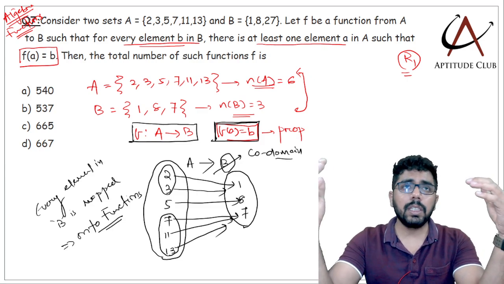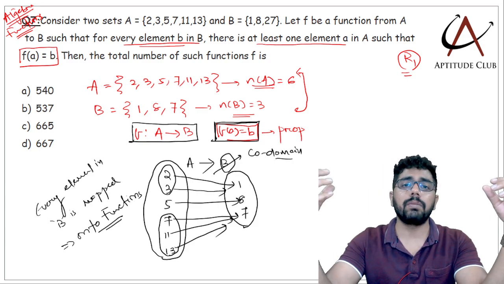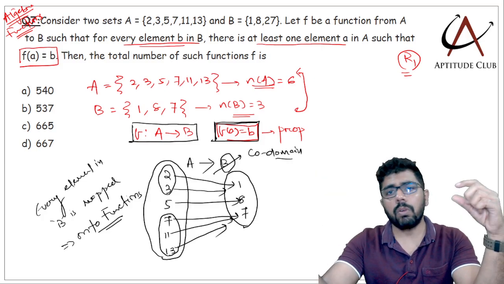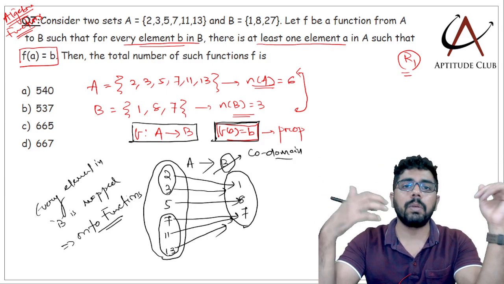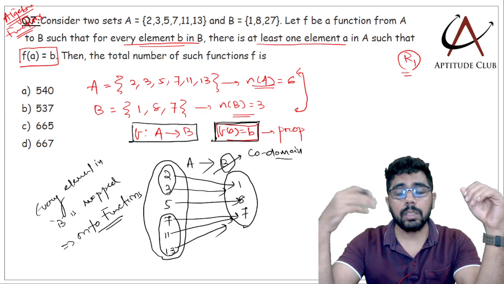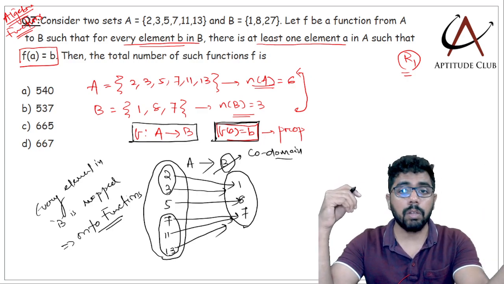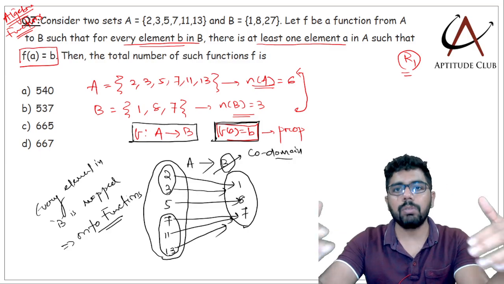So when we see functions in algebra, we should understand the fundamentals: what a function is, what is domain, what is codomain, what is range, how to find them, and then what the types of functions are, what is a bijective function, what is an onto function, what is a one-one function, different types of functions, and what their domains are. We should get into that.